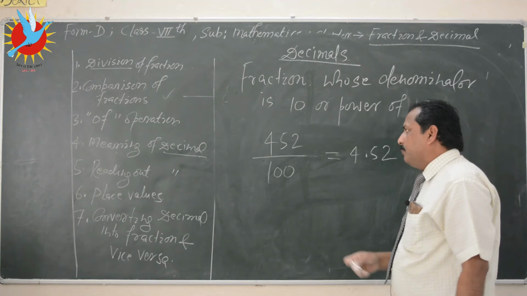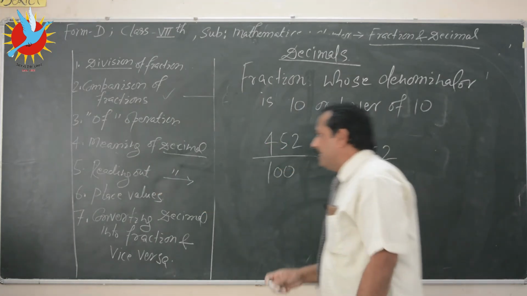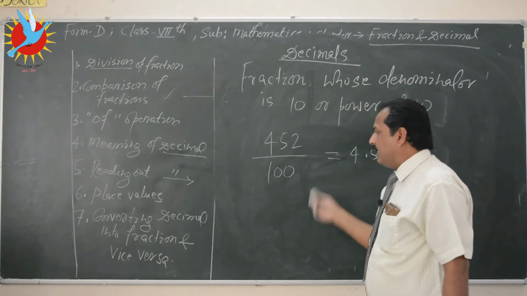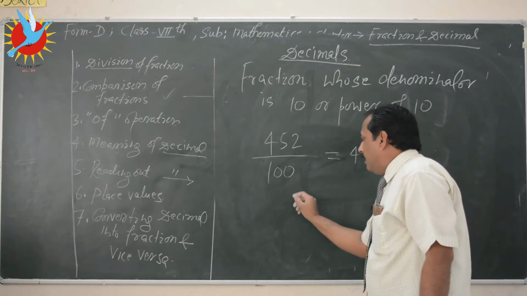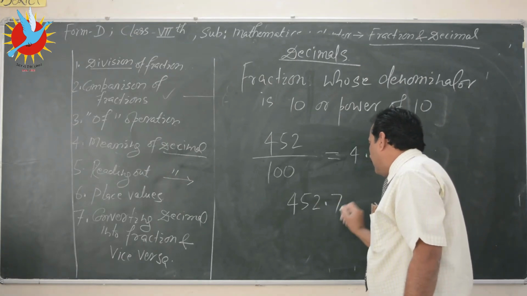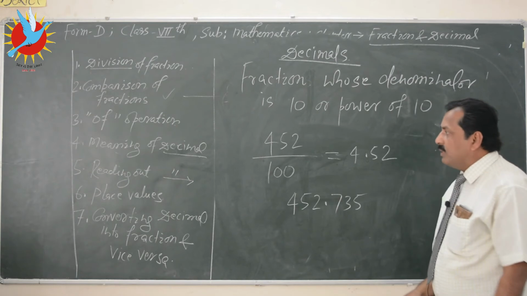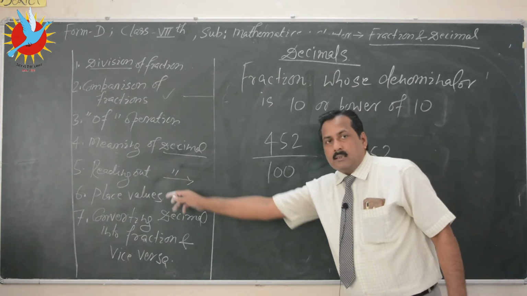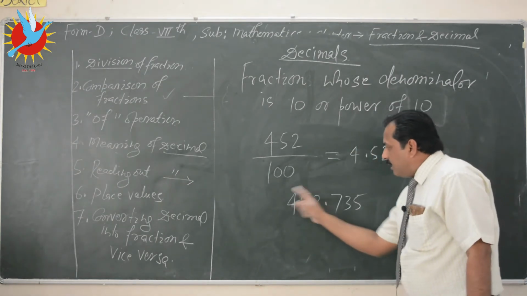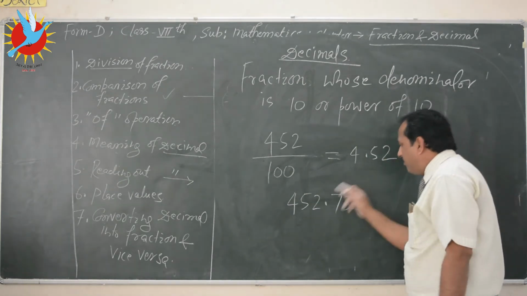So similarly, we are dealing with this point, how to read a decimal number. For an example, let us say this is 452 and this is 735. There is a decimal number. How to read it? We are discussing this part. This part is whole number part and this part is fractional part.